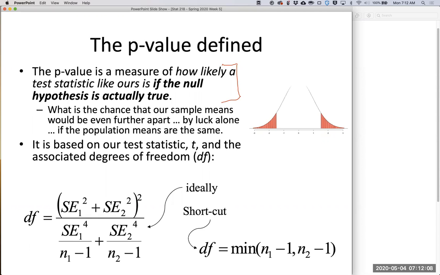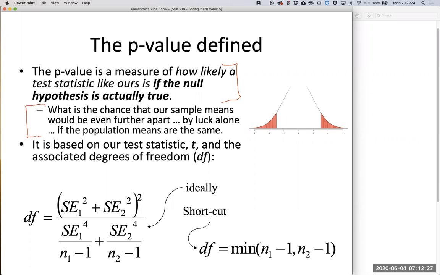Literally, the p-value is the chance of seeing data like those that we saw, or even more extreme, just by luck alone, if the actual population means are identical.